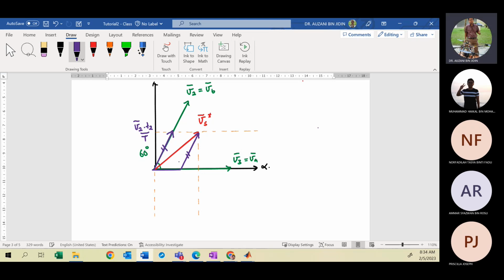This is the component vector for V3, right, V3. This component vector is V3 multiplied by its ratio, which is T3 divided by T, right? You must be able to draw the vector diagram here.